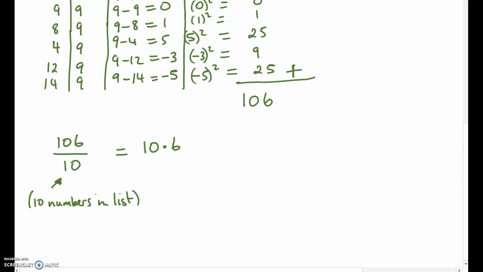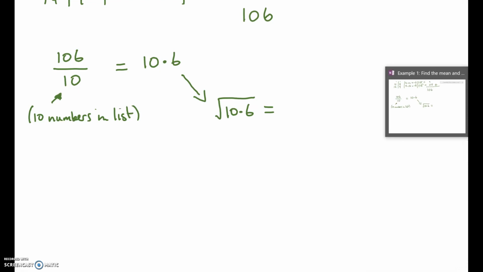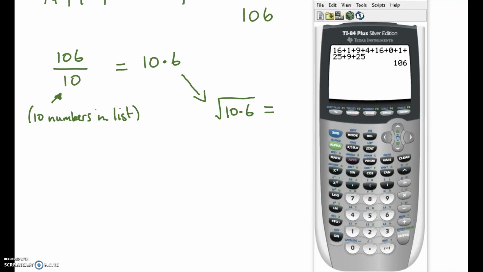And then the final thing to do is we take the square root of that number. So we want the square root of 10.6, which is equal to 3.2557, or 3.2558 if you want to round it off.